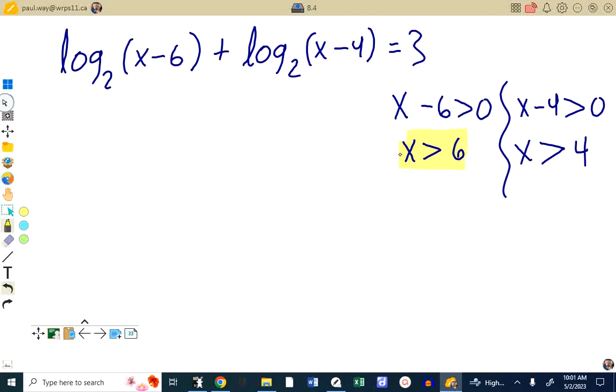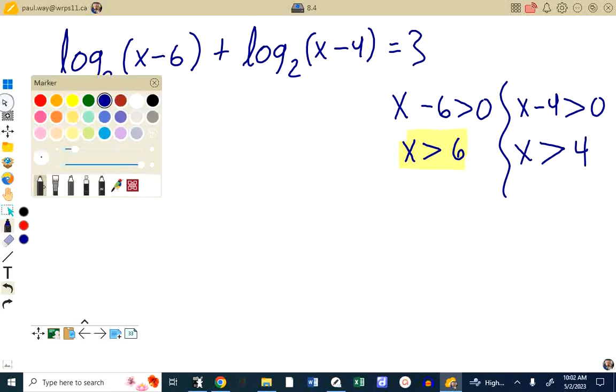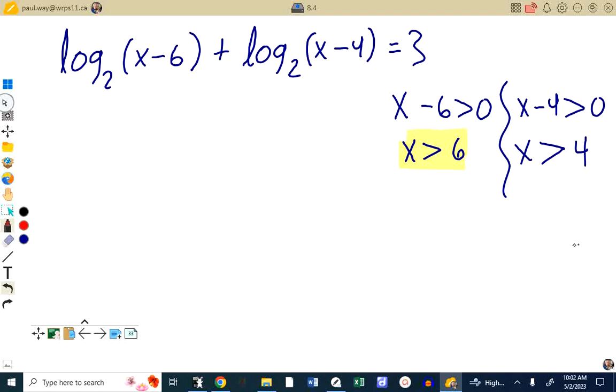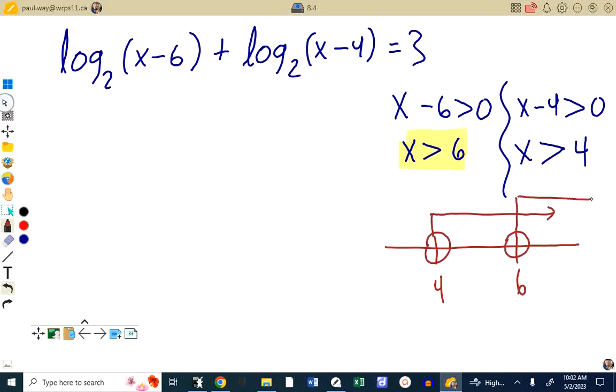Because when I look at a number line, and I say here's 4 and here's 6, if I'm saying x has to be greater than 4 and x has to be greater than 6, greater than 6 covers them both. Greater than 4 doesn't, because 5 is greater than 4, but it would still make one of the arguments negative. So the highlighted is the restriction.